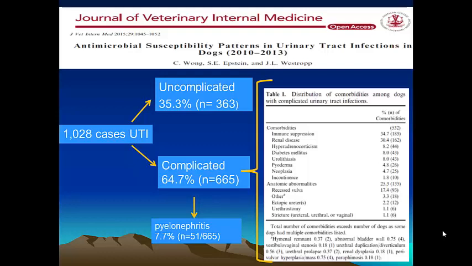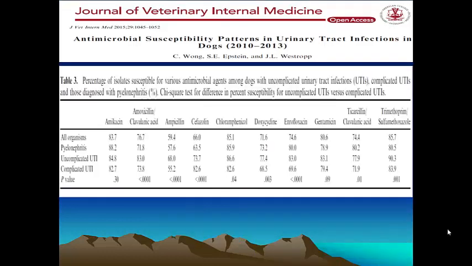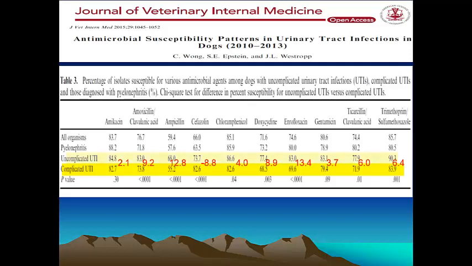So if we look at the results from this study, the one thing important was that the dogs with a complicated urinary tract infection in general had more isolates that were resistant to a wide range of antimicrobials than the uncomplicated urinary tract infection.